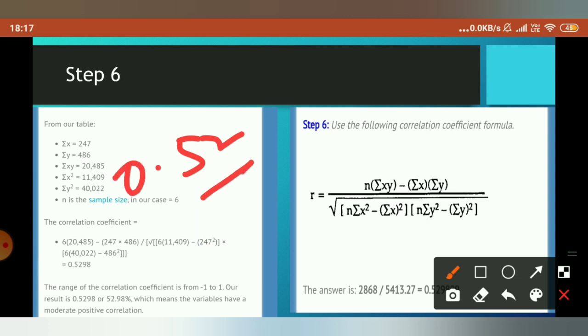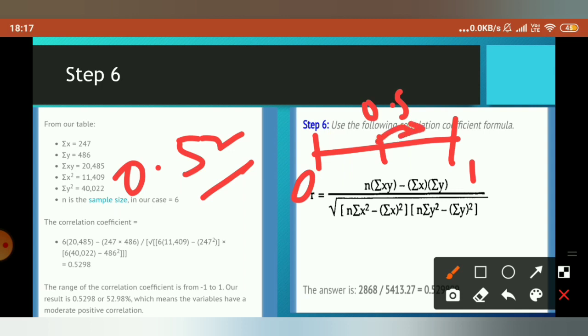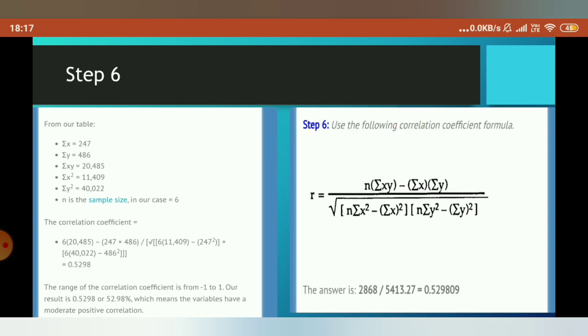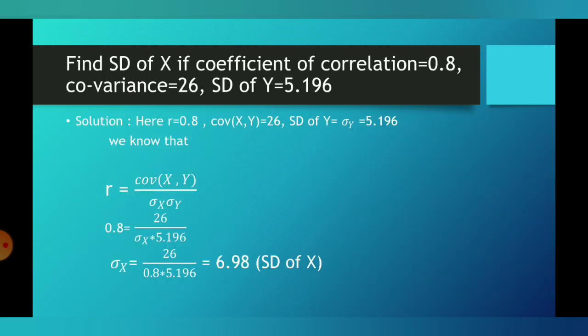But it is moderate, meaning not very high, not very low, it is between 0 and 1. 0 means no correlation, 1 means perfect correlation. This point must be 0.5, in between these two, so this is called moderate. If it is more than this, it will be high positive. If it is less, then it is weak correlation. In this way you can tell how the variables are related.